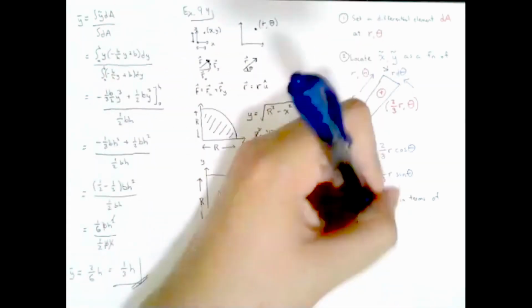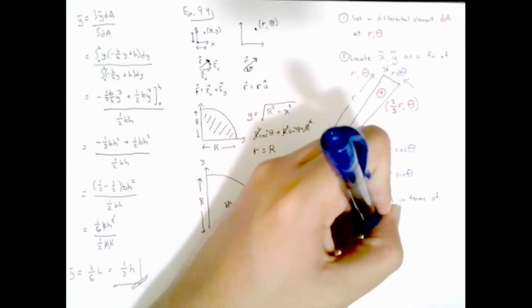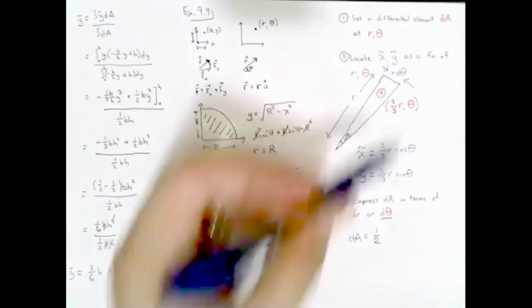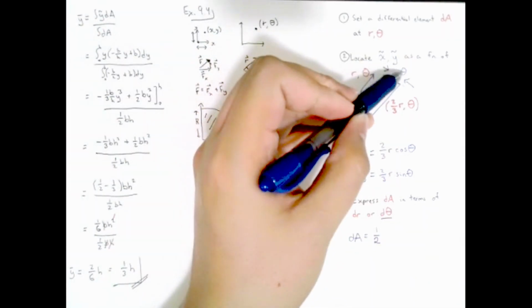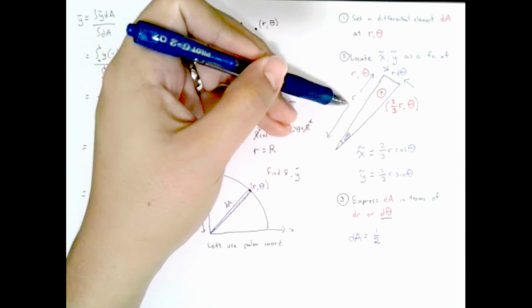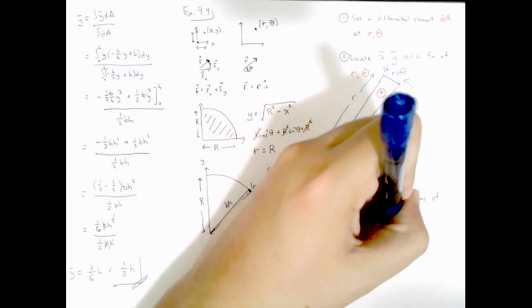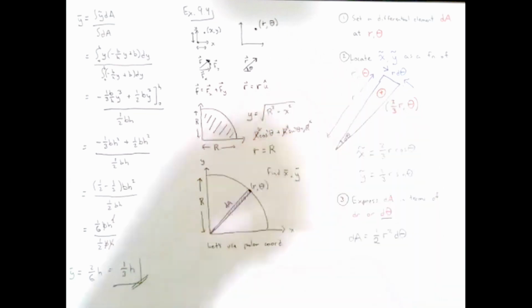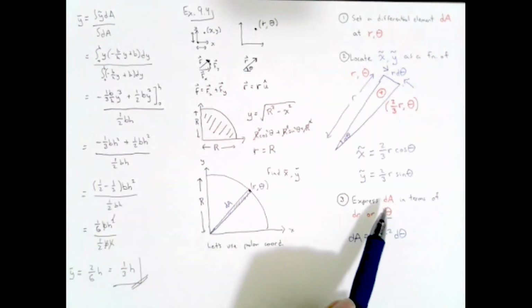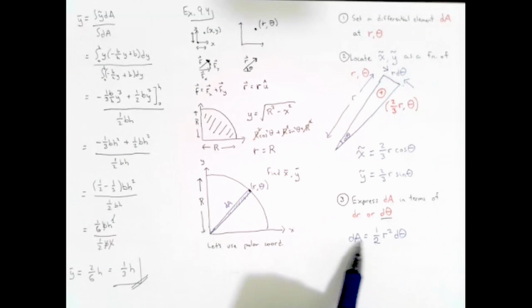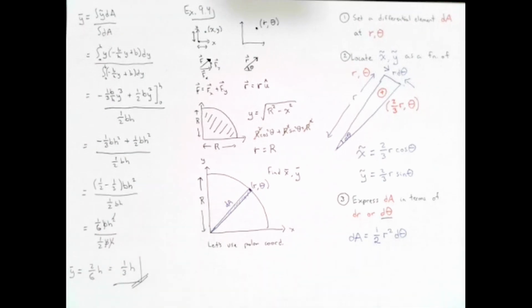So the area of this triangle should be equal to 1/2 of the base, in this case r d theta, times my height, which is r. So r times r is just r squared d theta. So my area dA is simply 1/2 r squared d theta.